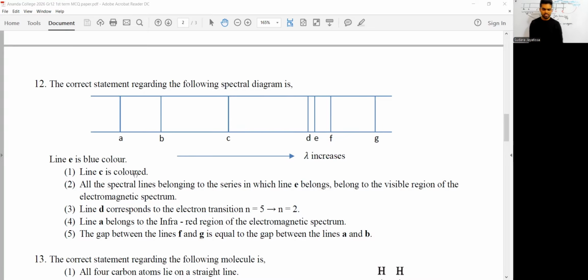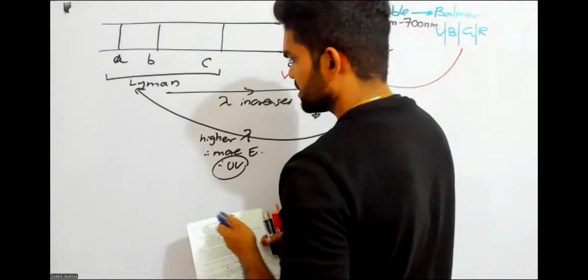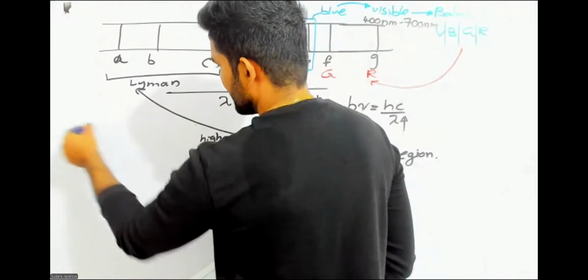Only 4 lines are shown here, but it's not only 4, right? All electrons that are falling to the second energy level belong to the Balmer series. I'll draw it on the board and explain. So this statement is going to be false. You can understand by a little thinking. Let's draw the energy levels and explain it further.